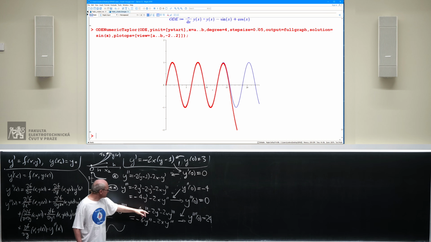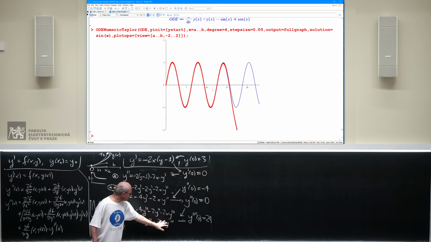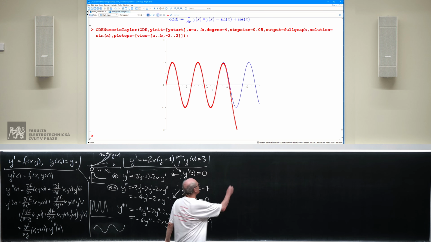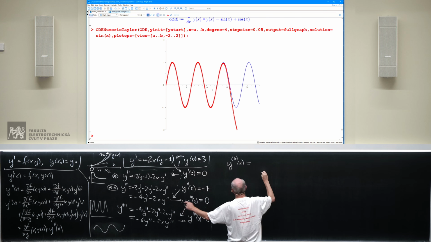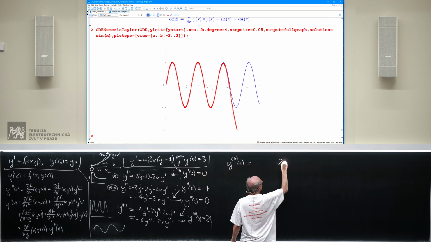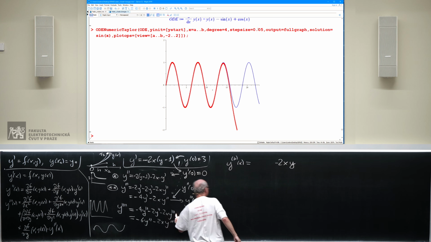When you look at it, it's always minus 2x and some derivative. Because when you take derivative using the product rule, you differentiate the second part and keep the first part. So with the second part, it will always be here, like that. So how about the kth derivative? The kth derivative should always have the term negative 2x, y, and the derivative is lower by 1.